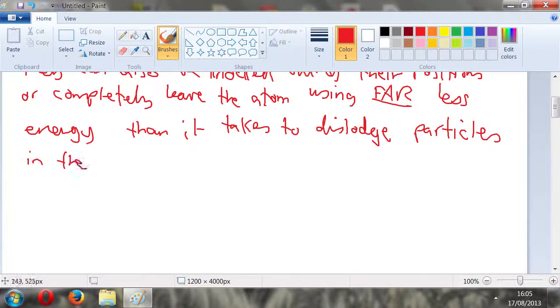So protons and neutrons are not going anywhere unless you've got a huge amount of energy, but with electrons it's a lot easier.